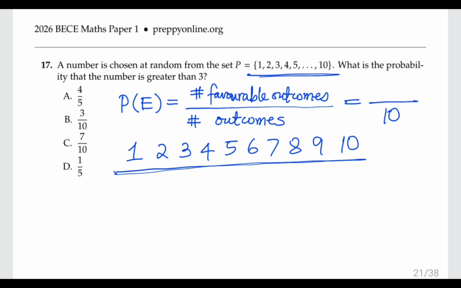Now we have to find the number of favorable outcomes. Favorable means the ones that agree with what we are looking for. In our case, we want numbers that are greater than 3.